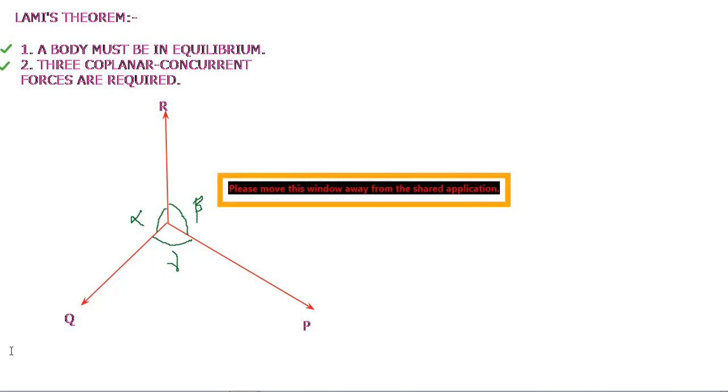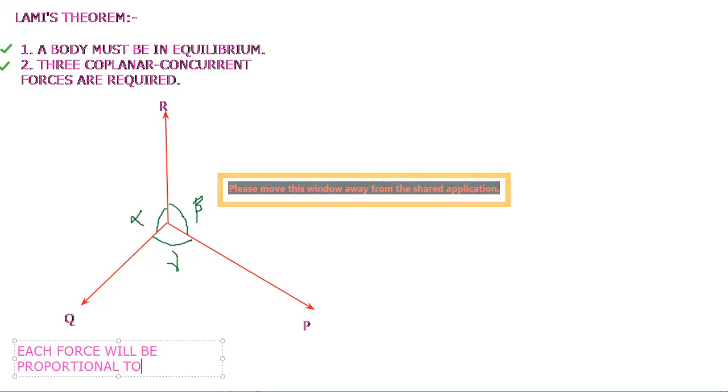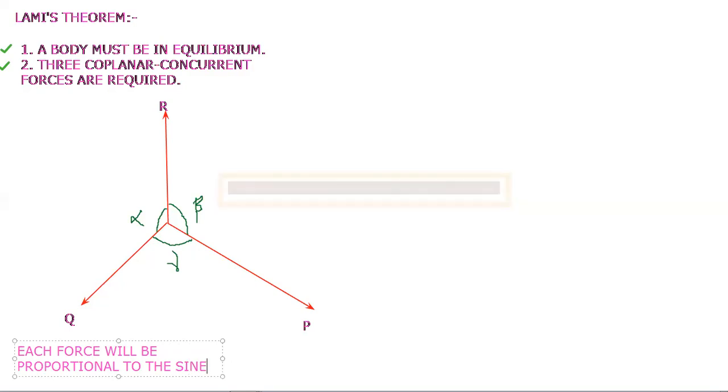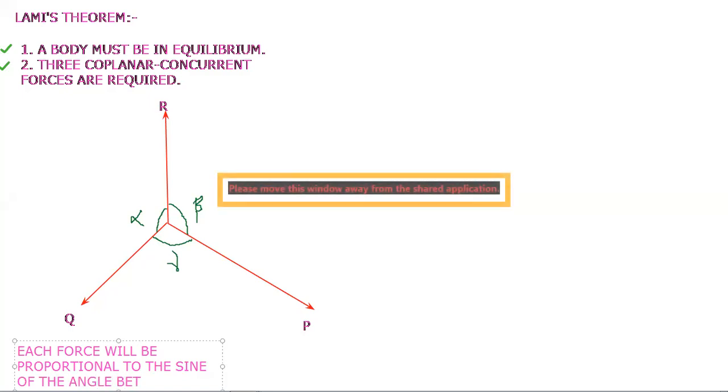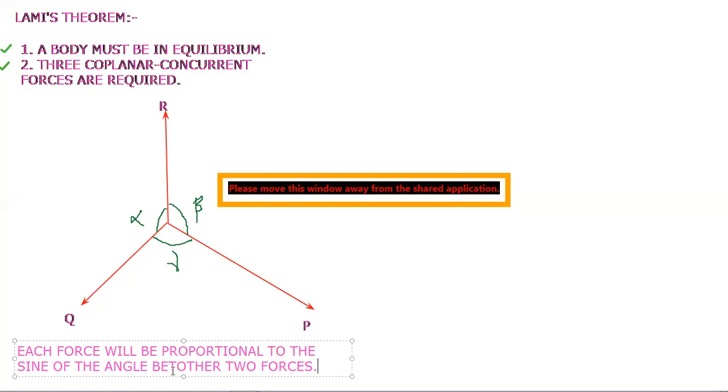So this is the statement of Lamin's theorem, that each force will be proportional to the sine of the angle between the other two forces.